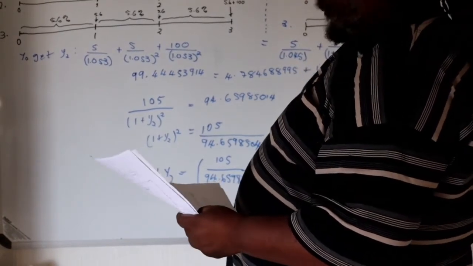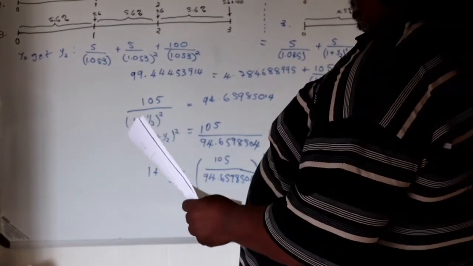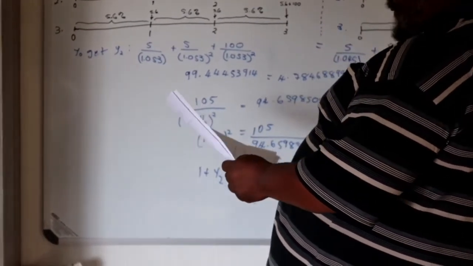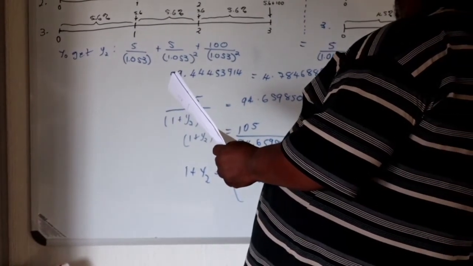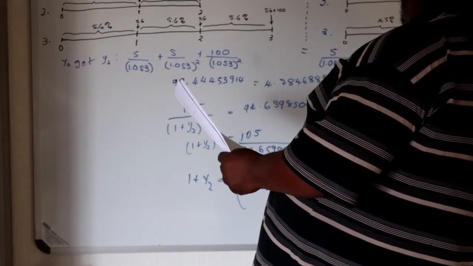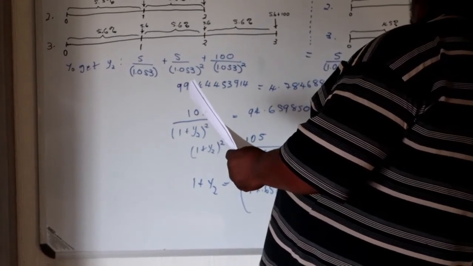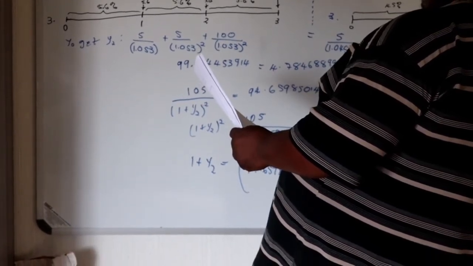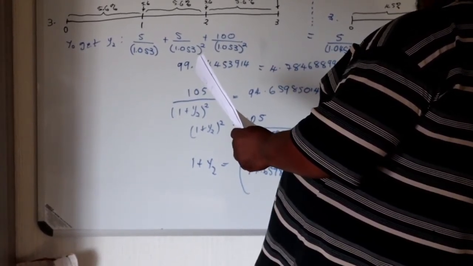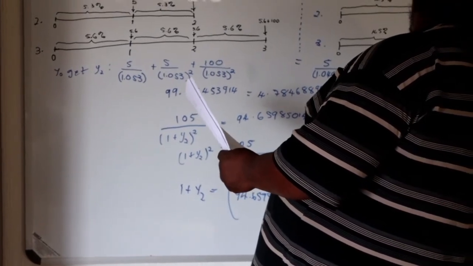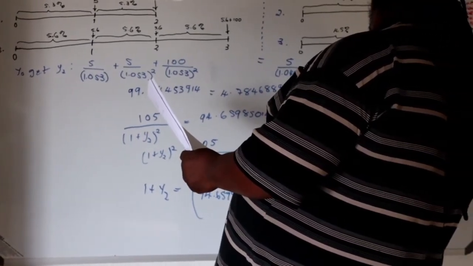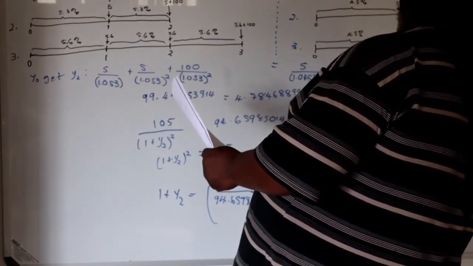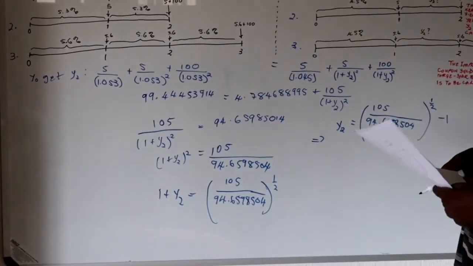And you can come this side and you will have y2 equals bracket 105 over 94.6598504, all to the power half, minus 1.